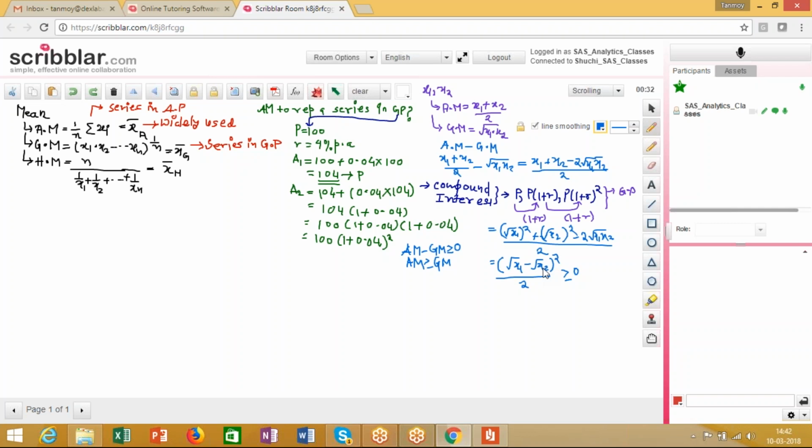So since arithmetic mean is greater than geometric mean, what it implies is that if for a geometric series I use arithmetic mean, I will be overestimating the mean.